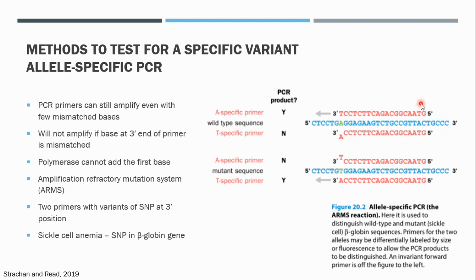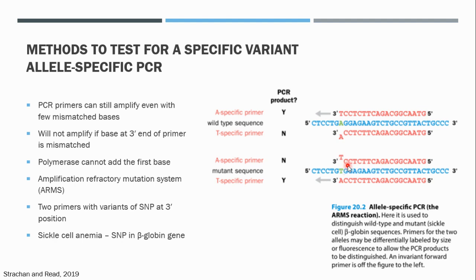And so, depending on whether the sequence was wild type or mutant, the patient would have a PCR product that has been labeled red or green, depending on the sequence. And we would get no amplification of the product if the incorrect primer binds.